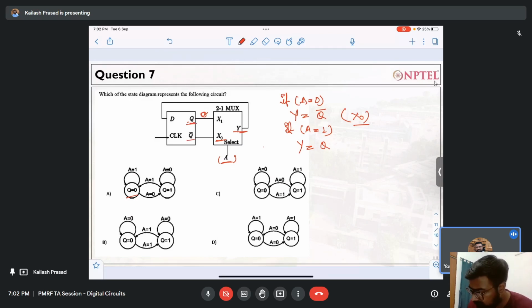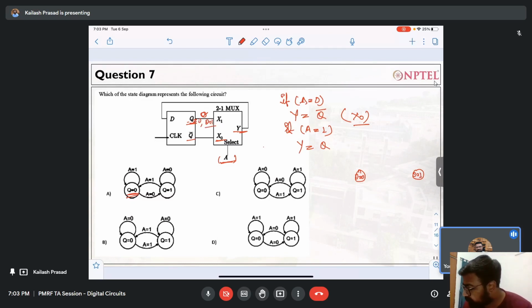There are two states for q. This can be 0 and this can be 1. I will try to make a state diagram, and we will see what will happen.